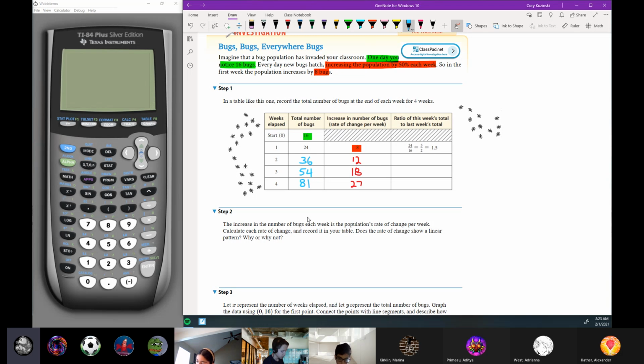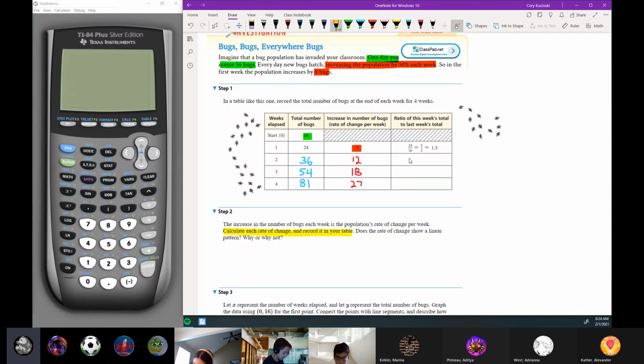So the increase in the number of bugs each week is the population's rate of change per week. Calculate each rate of change and record it in the table. So this says calculate each rate of change, and we're going to record it in the table. All right. So our rate of change, you can see here they did this first one, they did 24, which is week 1, divided by 16, which is week 0, like the start.